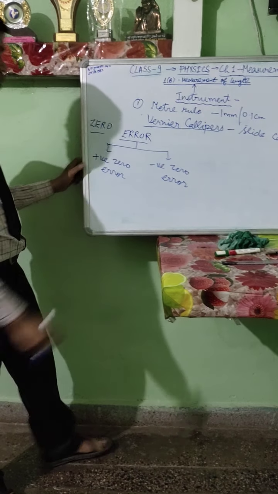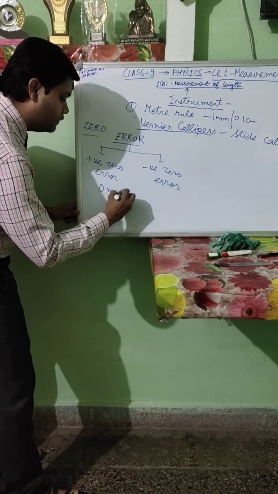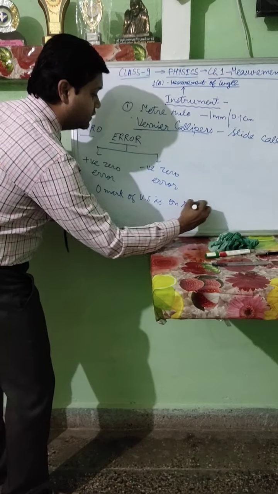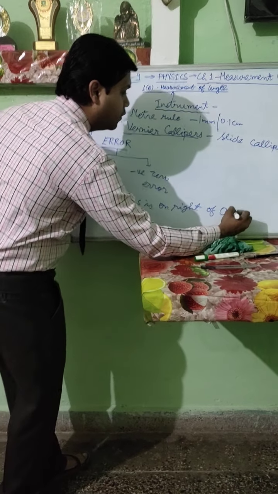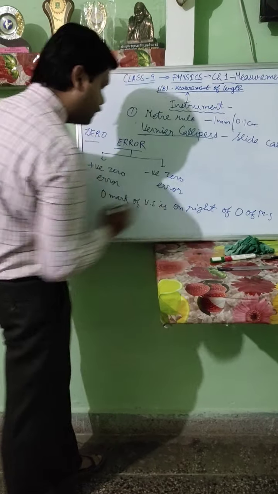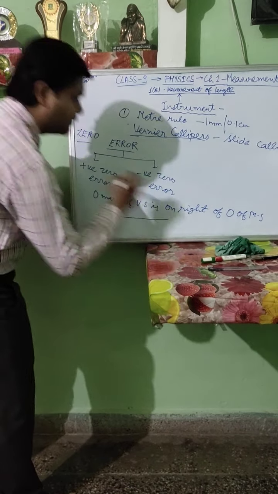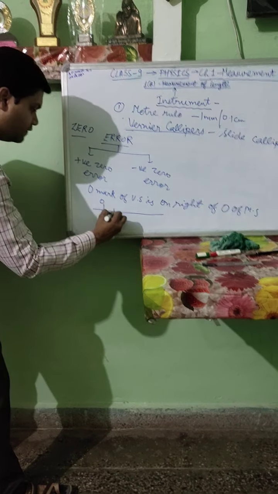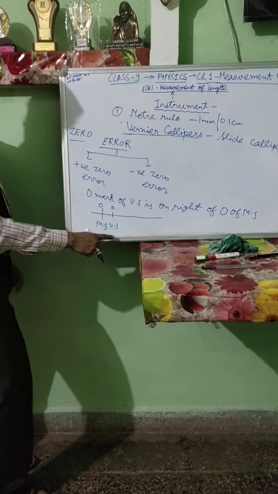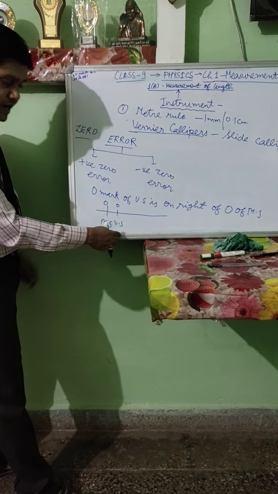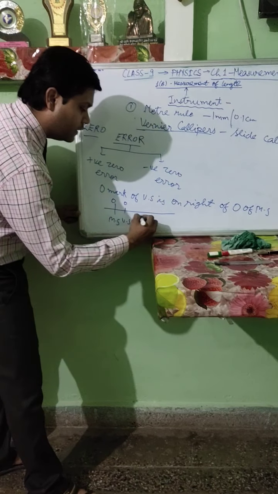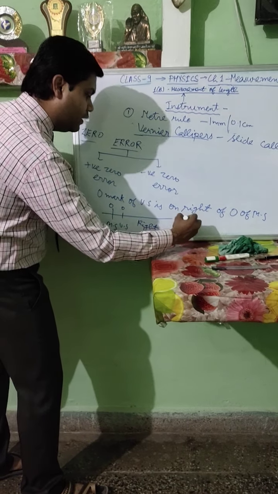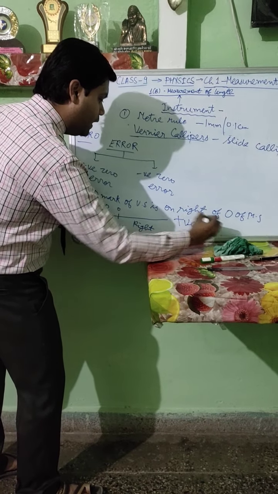So what is positive zero error? If the zero mark of the vernier scale is on the right of zero of the main scale. For example, you can just see, this is the scale, this is zero of the main scale and this is zero of the vernier scale. So the zero mark of the vernier scale is to the right, towards our right hand. Therefore, this type of error is known as positive zero error.